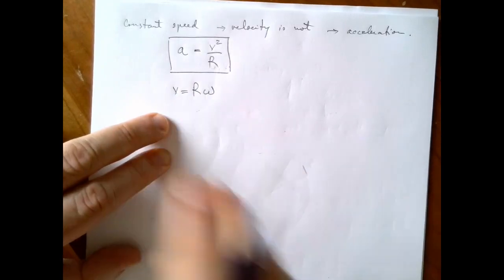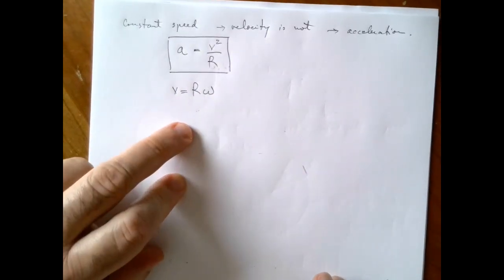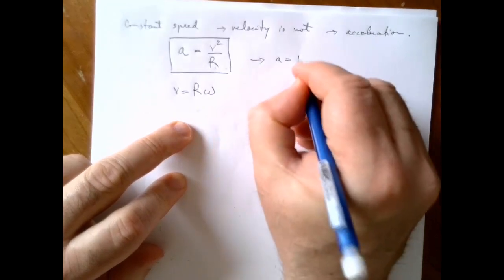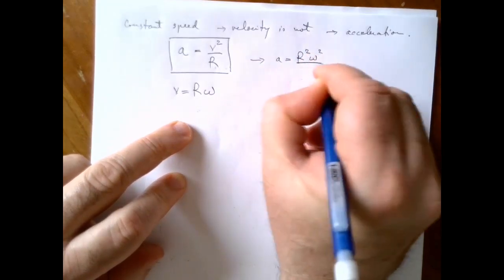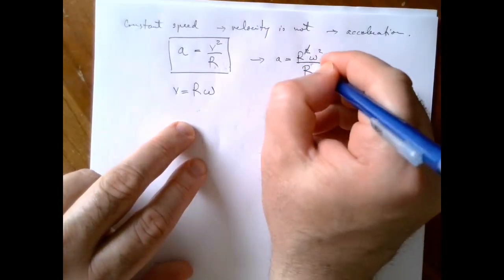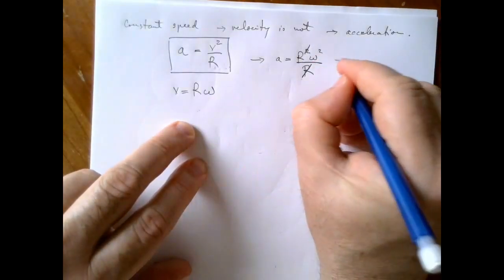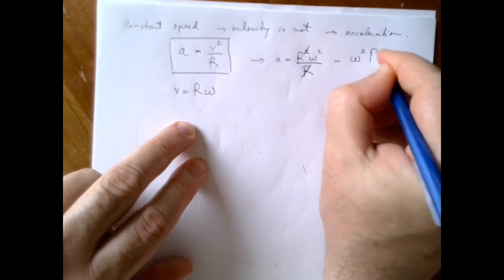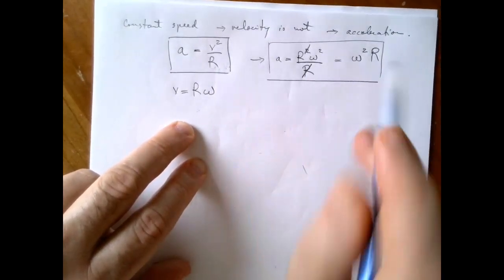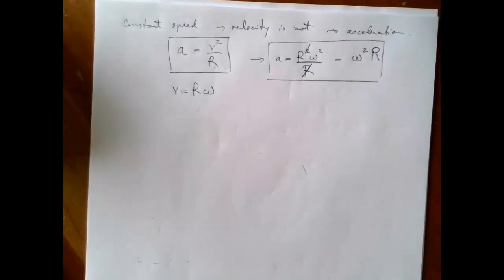Or, of course, if we use our newly found relationship between v and omega, this acceleration can be written as r squared omega squared divided by r. One r cancels out. It can be written as omega squared multiplied by r.